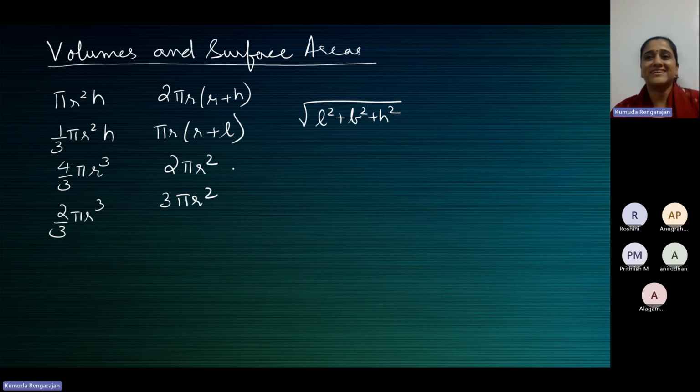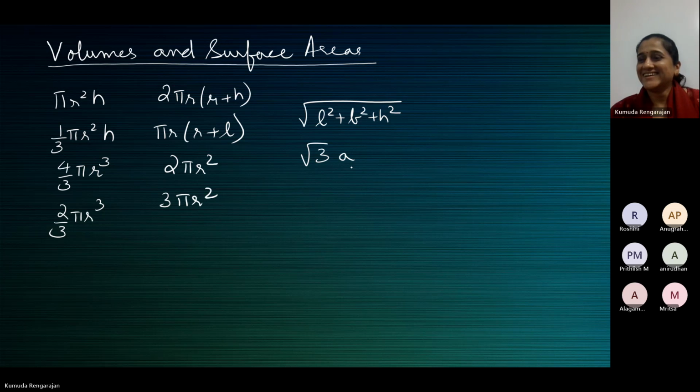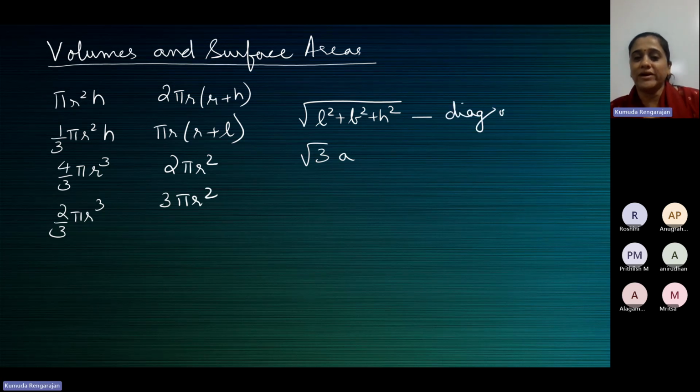Diagonal of a cuboid. The length of the diagonal of a cuboid. Is the formula correct? This is the formula to find the diagonal of a cuboid.